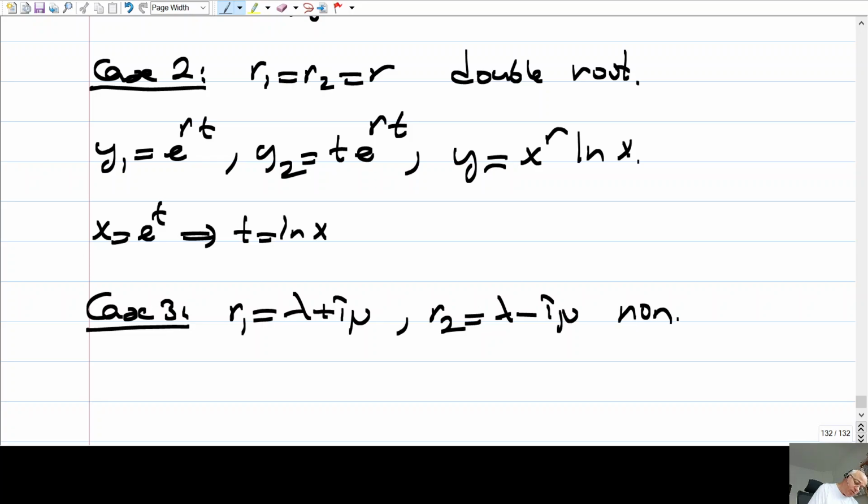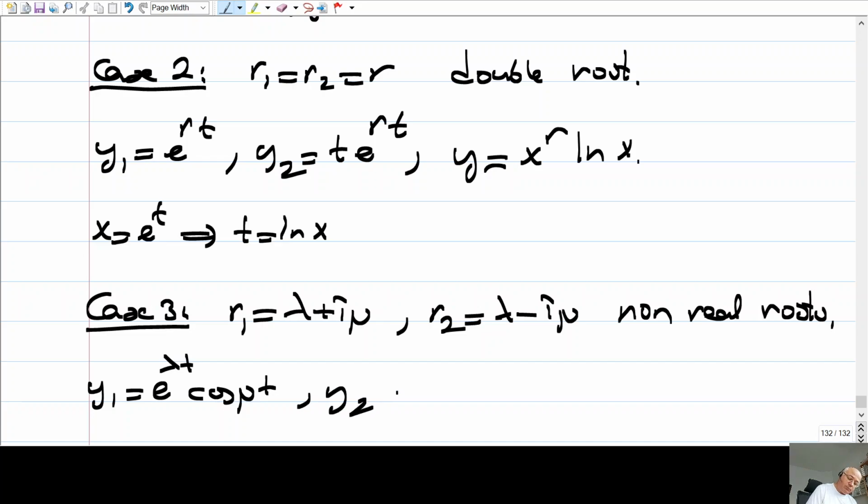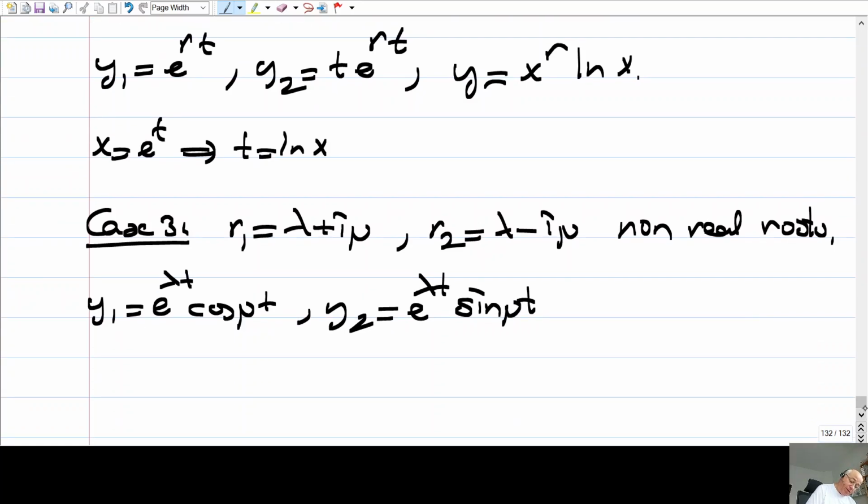Non-real roots. Well, in that case, the solutions were y1 equals e to the power lambda t times cosine mu t, and y2 is e to the power lambda t sine mu t.